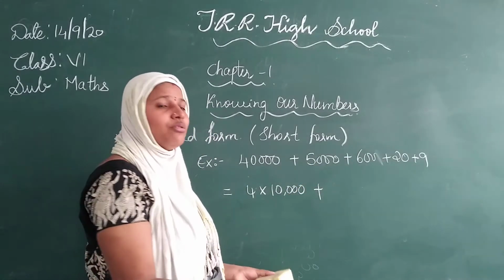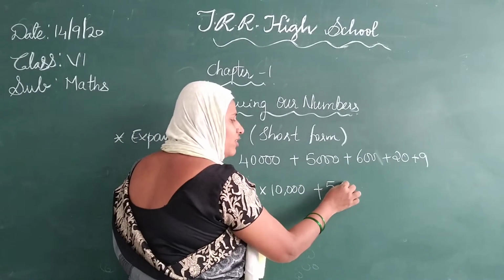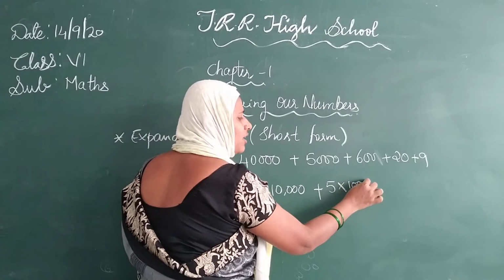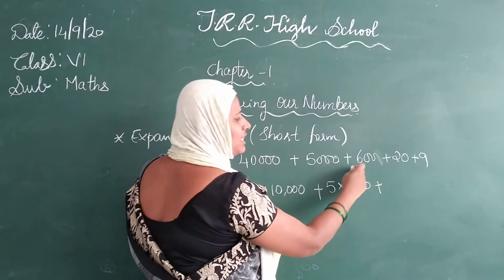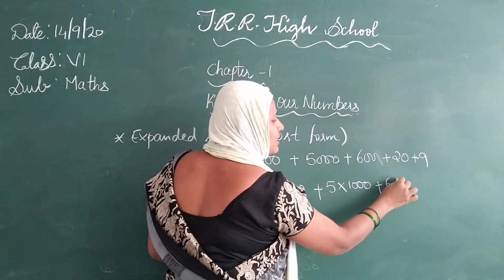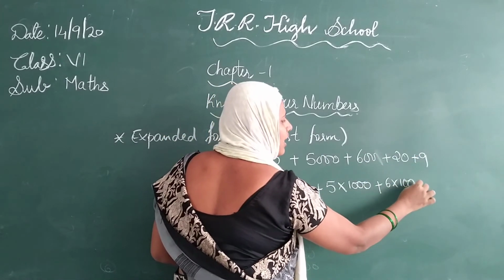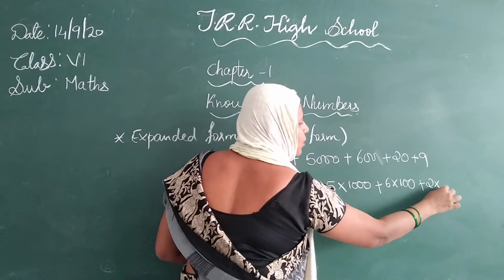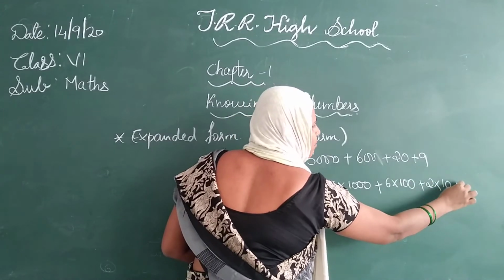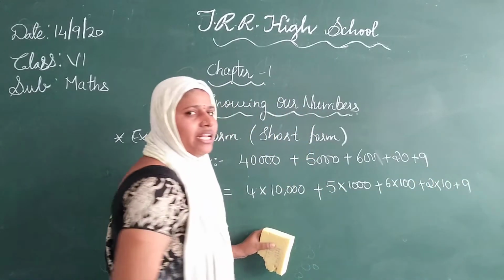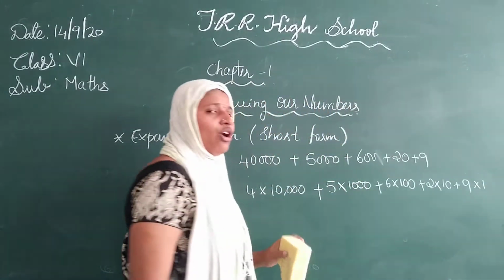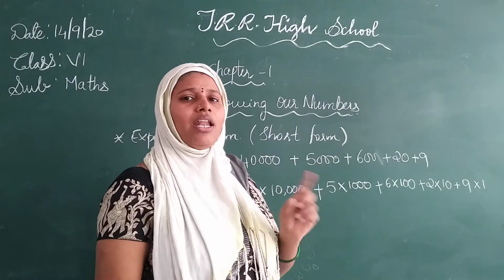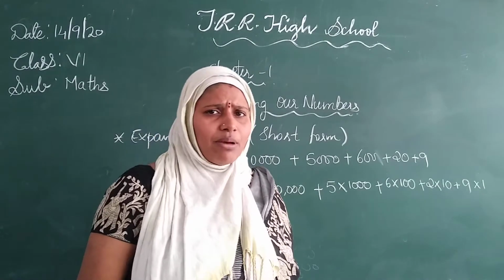How to write 5,000? 5 into 1,000. Similarly, 600 means 6 into 100 plus 2 into 10 plus 9. Simply 9 is there. Yes? How to write? 9 into 1. As we all know that when you multiply a number with 1, you will get the same number, right?